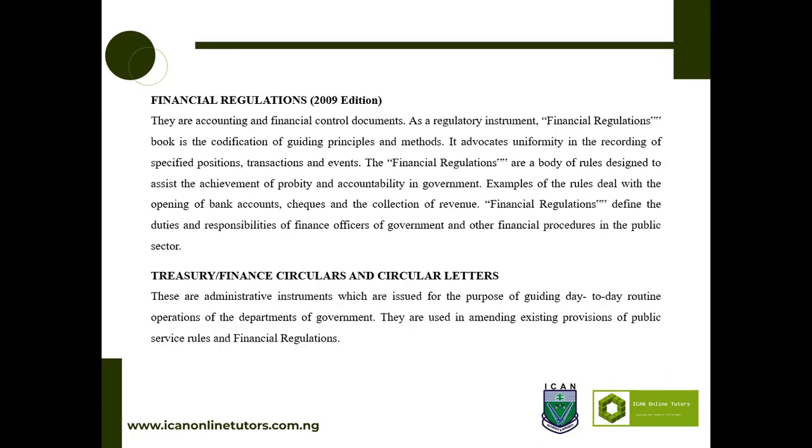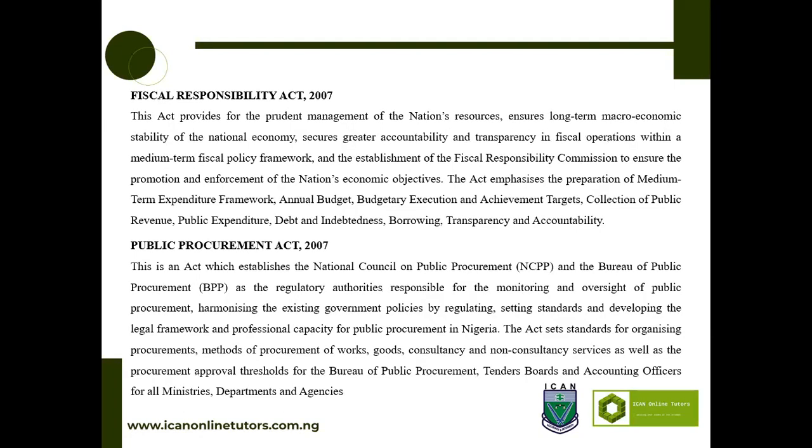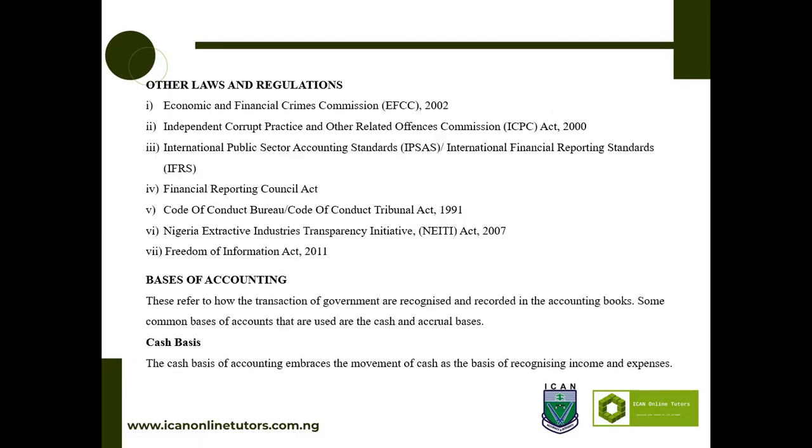We have the Appropriation Act, discussed on the financial regulations. We have the Treasury or Financial Circulars, the Fiscal Responsibility Act, which talks on the medium-term expenditure framework. We also talk about the Public Procurement Act.